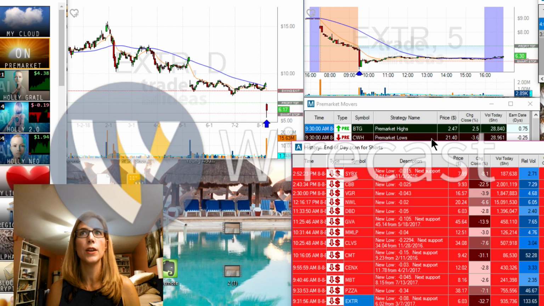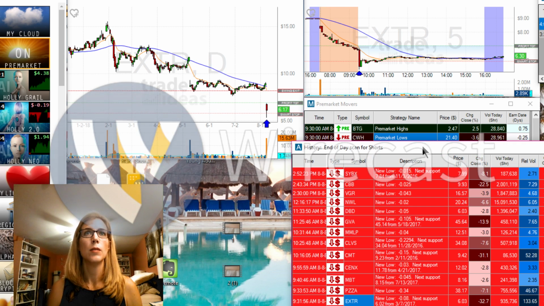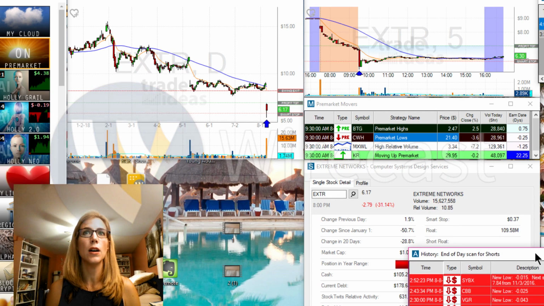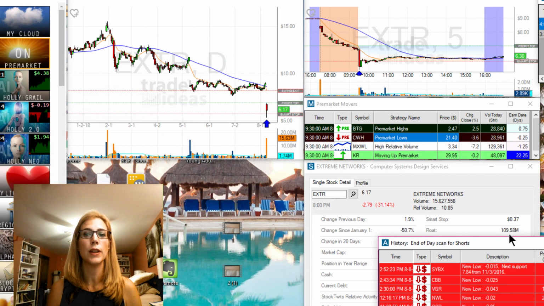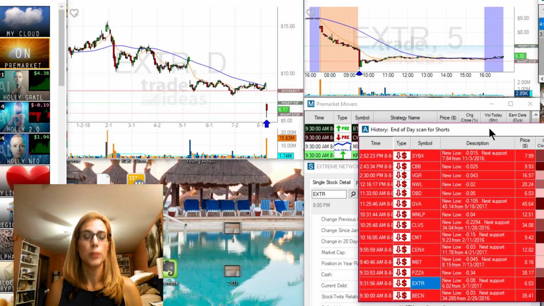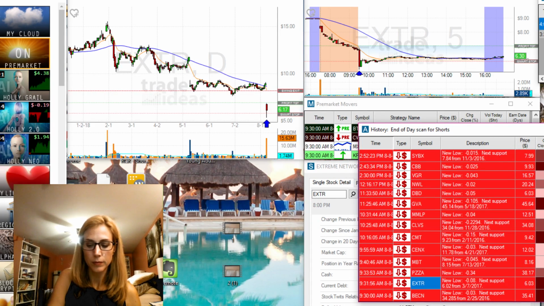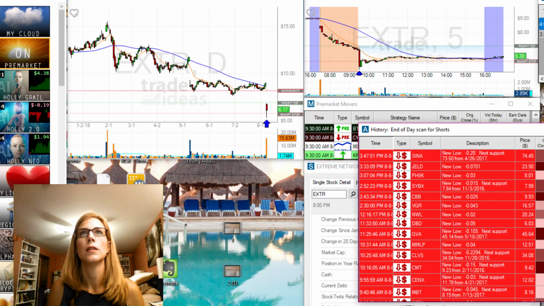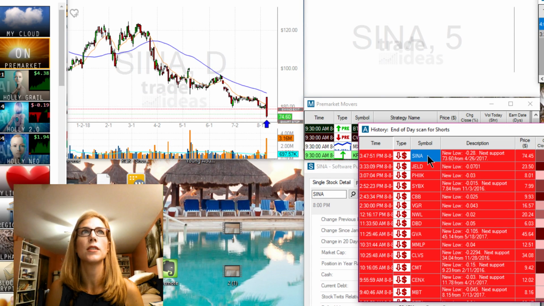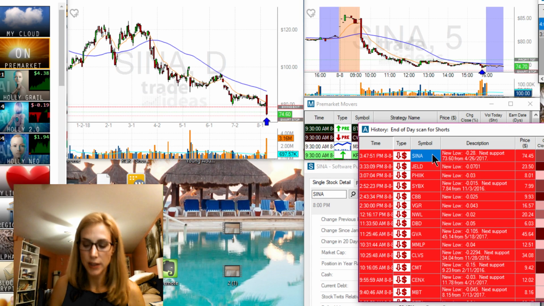I don't have the float here, but if I pull it over right here, we can see 109 million in the float. So I would put that down as well for second day continuation of the move. MMLP. And then we'll check these and see where they go. I'd add Sina as well.